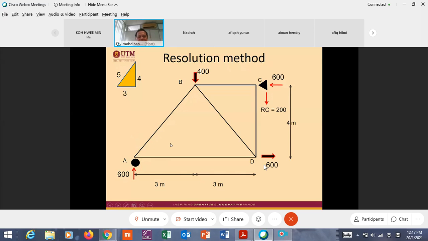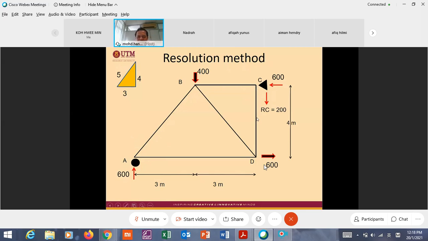So now we start from C. Now this member BC will induce internal force which is opposite to 600, and this member CD, since it has no other component, because this is a vertical component, the force in this member should oppose or counteract this reaction. Therefore, 600, easy.